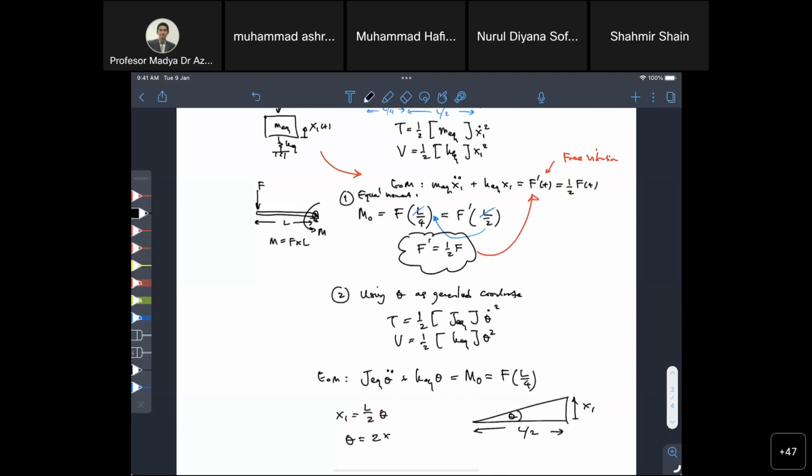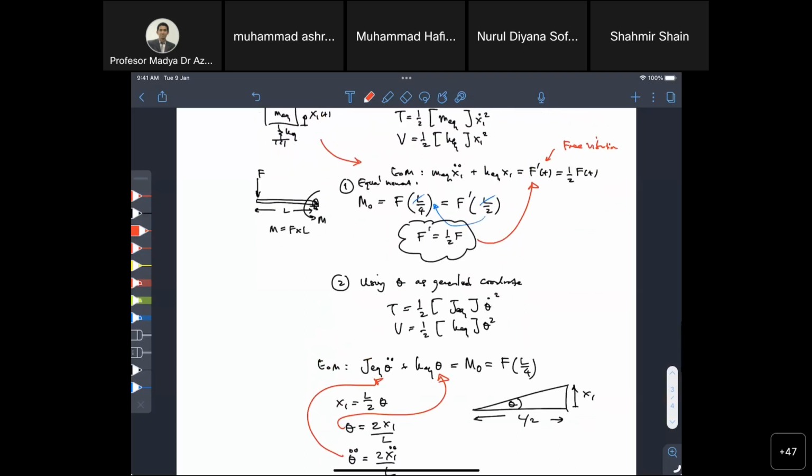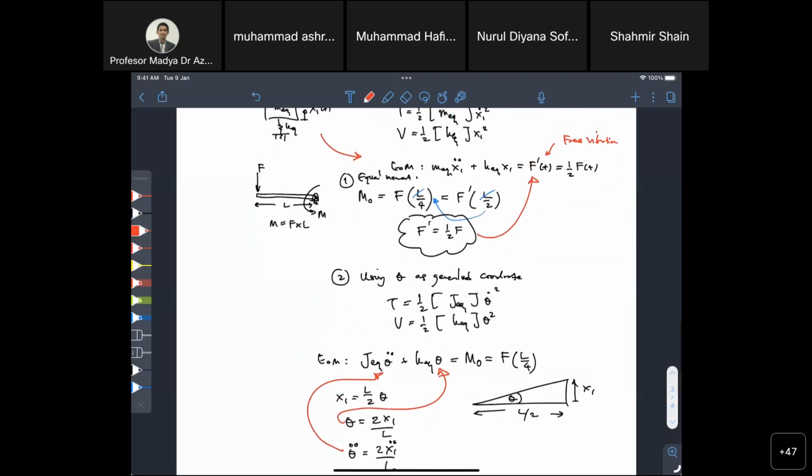Theta is 2x1 over L. If we differentiate theta two times, then we differentiate x1 two times as well. Then you can substitute here and here, so now everything will be in x1. Then you can multiply the right side. You will find that using method 1 and method 2, you end up with the same results.